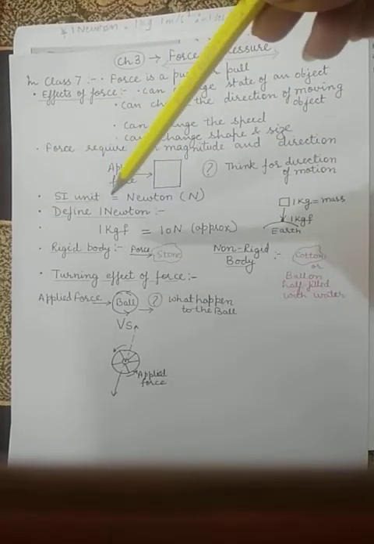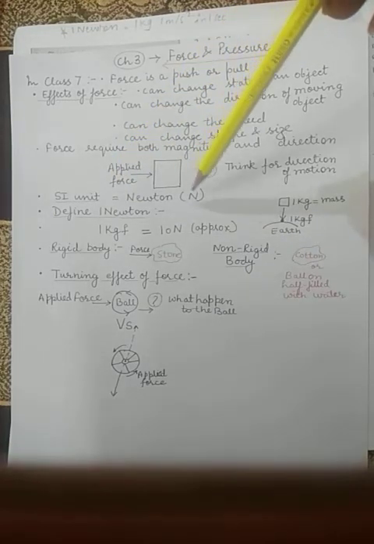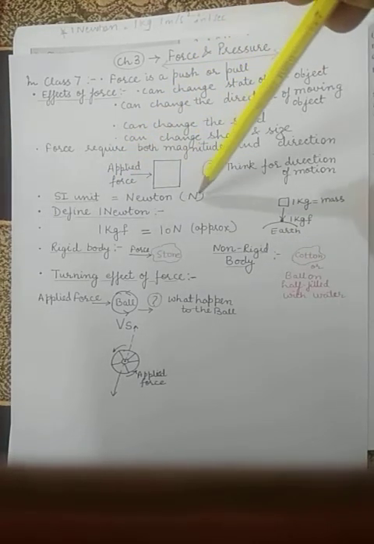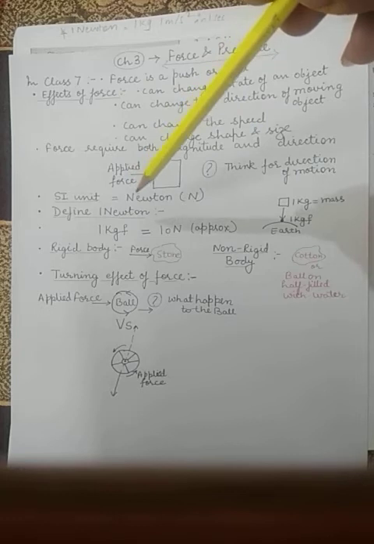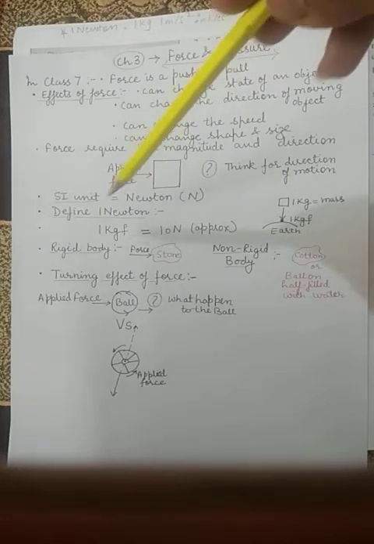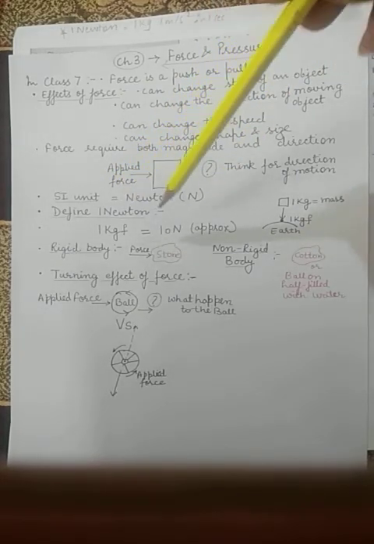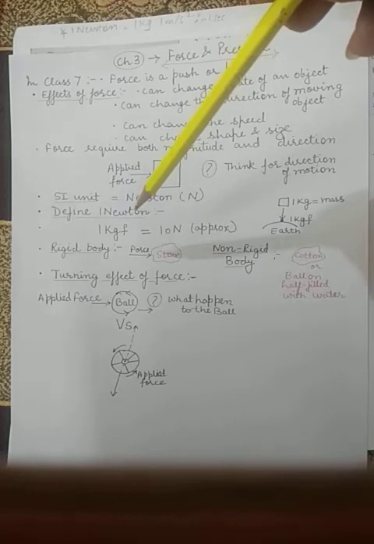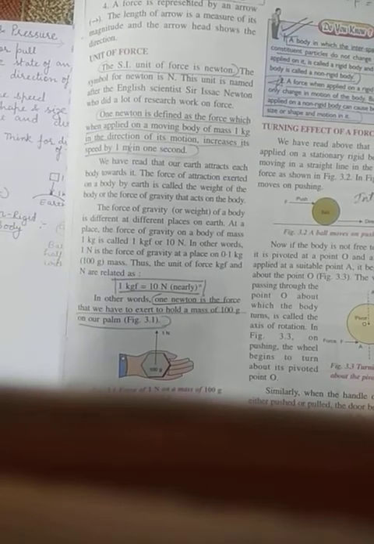Now the next important point is the SI unit of force. This SI unit is Newton, and we have to define this 1 Newton. Now, all of you come to page number 39. These are the few important points which we have to underline.